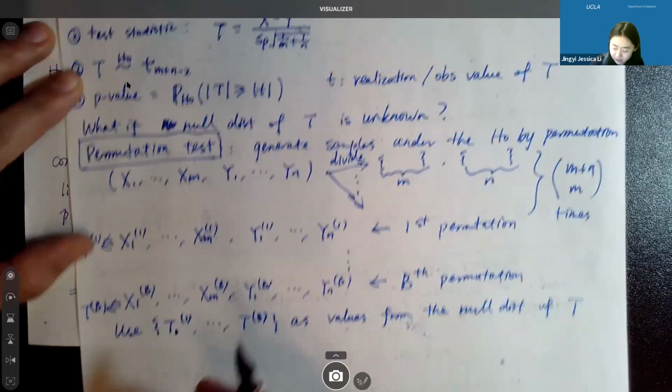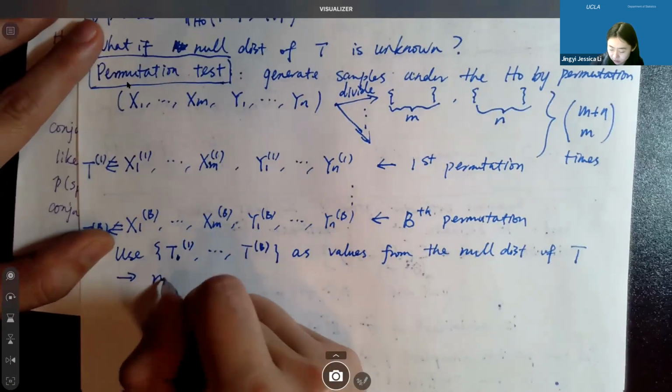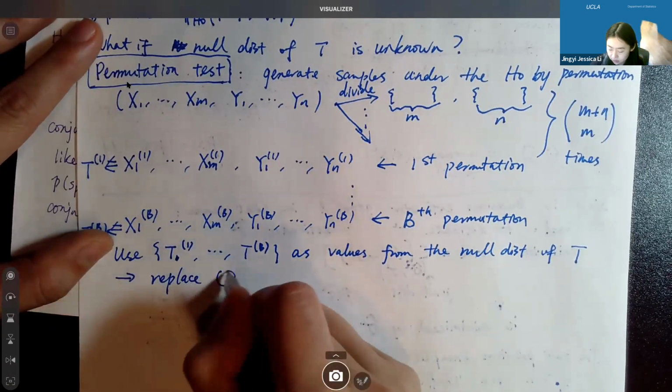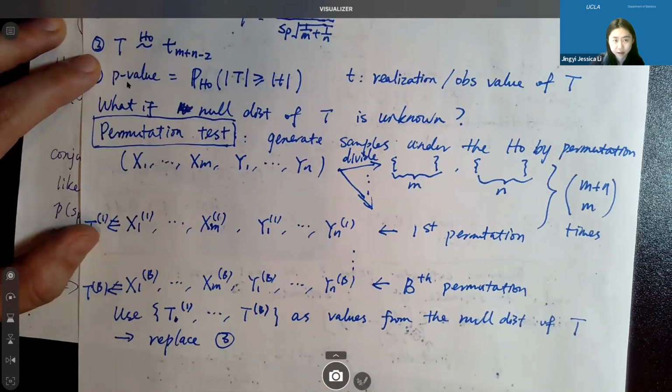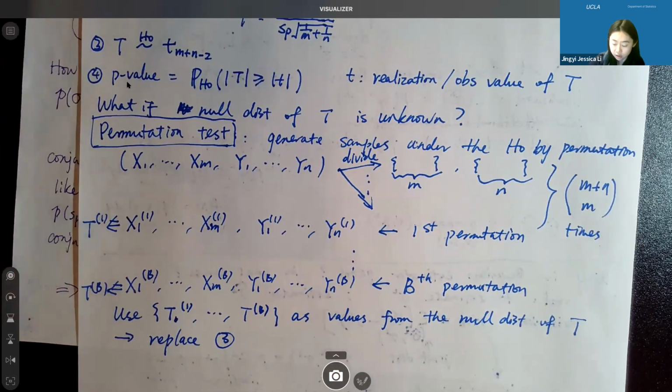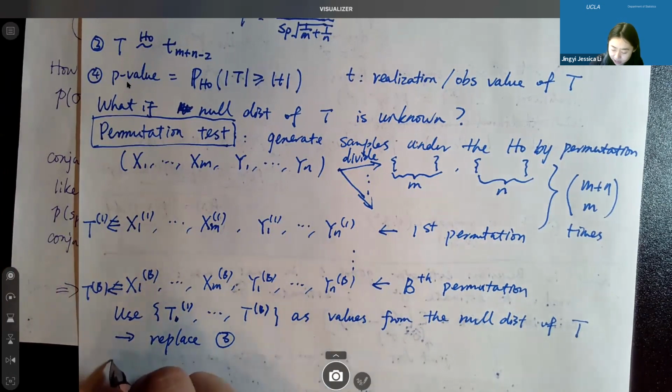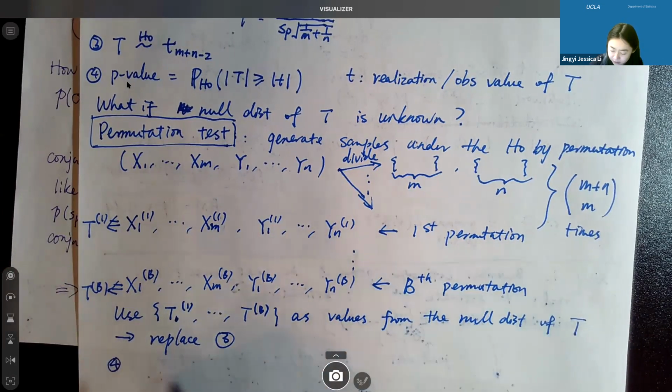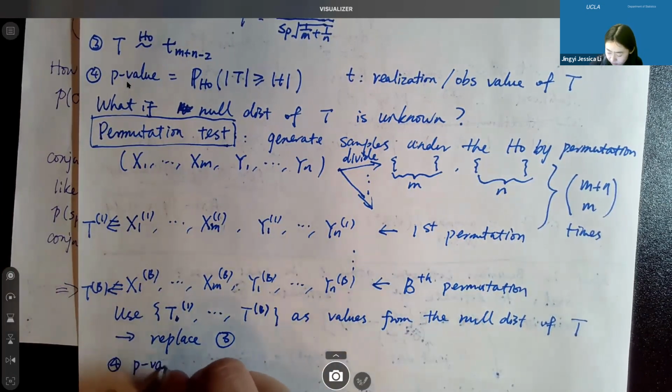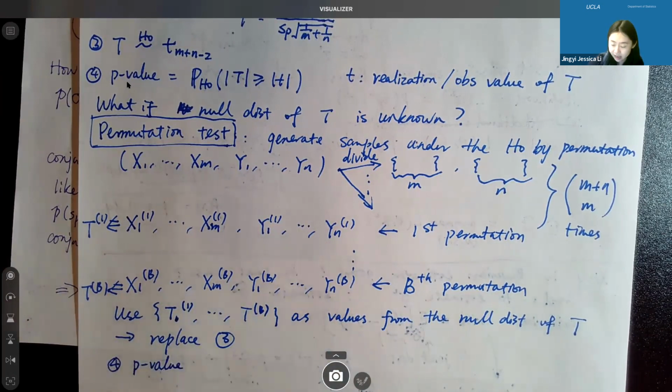So this whole idea is to replace step 3 in our hypothesis testing. Finally, step 4, the p-value calculation: I look at those null values and see what proportion of them have absolute values greater than or equal to the absolute value of my observed test statistic.